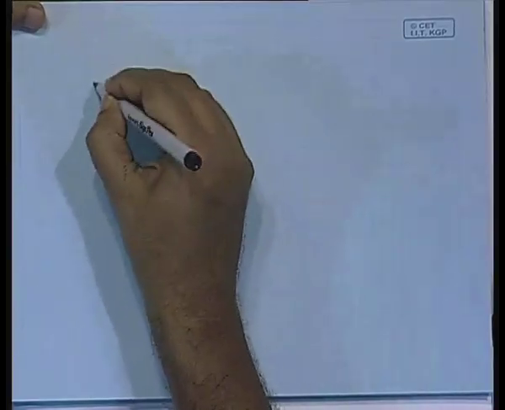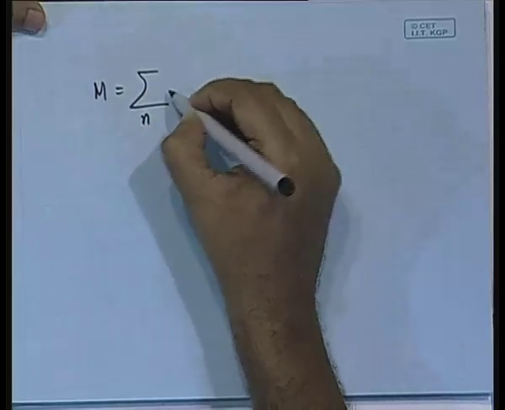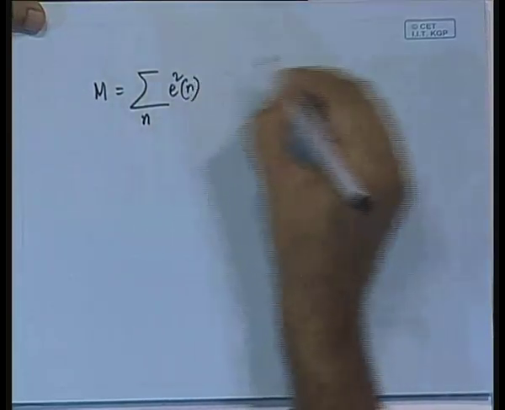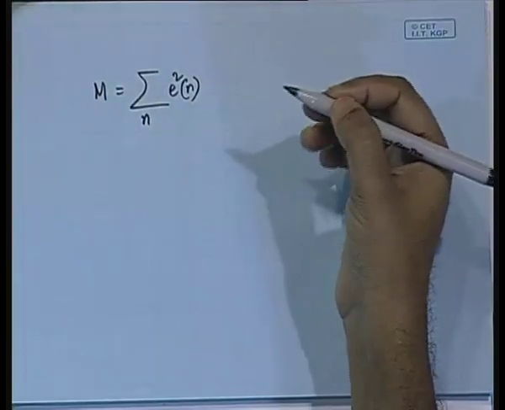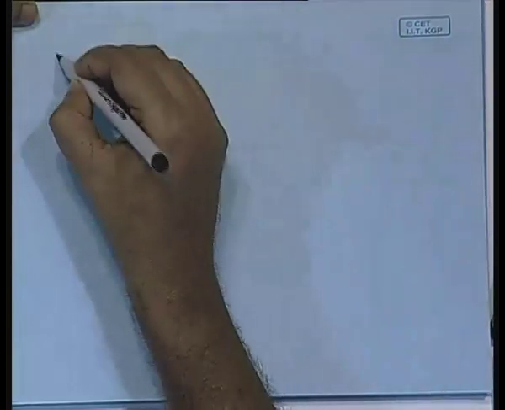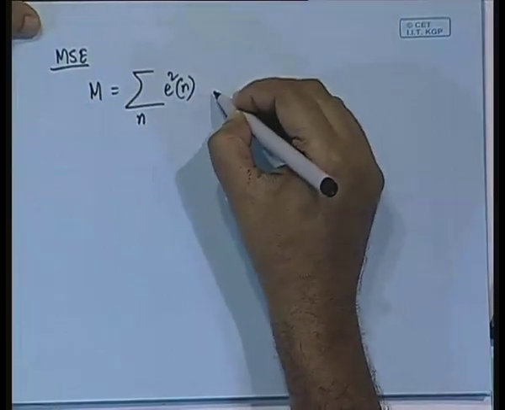So if we define the mean square error, which we denote by m, we write m is equal to the summation over n of e square of n, okay. So this is what we have to really minimize, the mean square error, or in short form we write it as MSE.